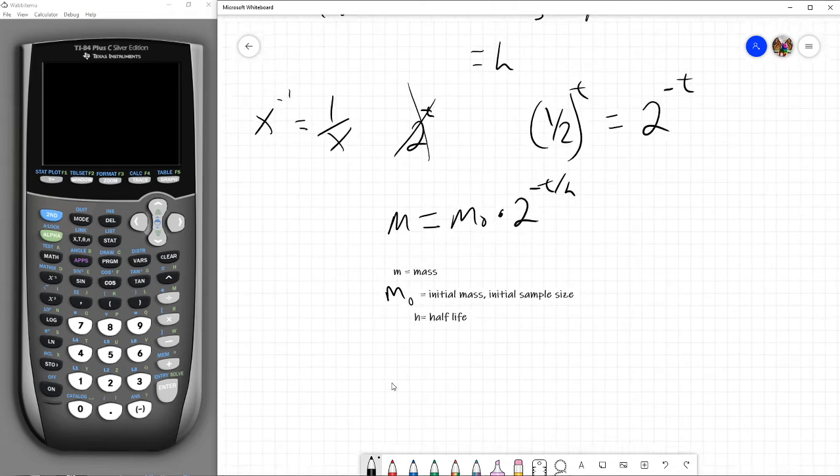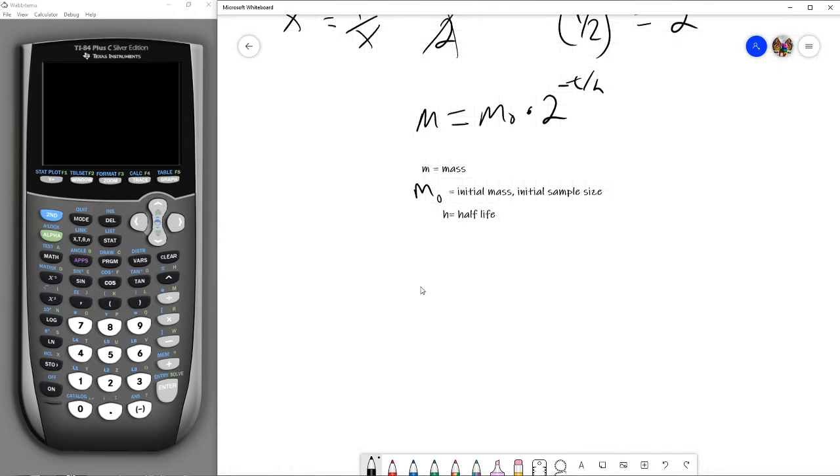So this would be a model based off half-life, but suppose we want to think of it in terms of a relative decay rate. So we saw for the relative growth rate, we had something like P is equal to P naught e to the rt. For the relative decay rate, we want to think a negative in here.